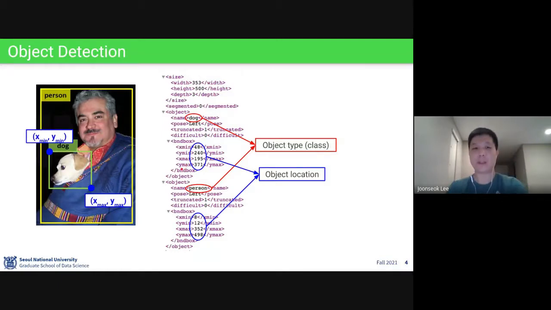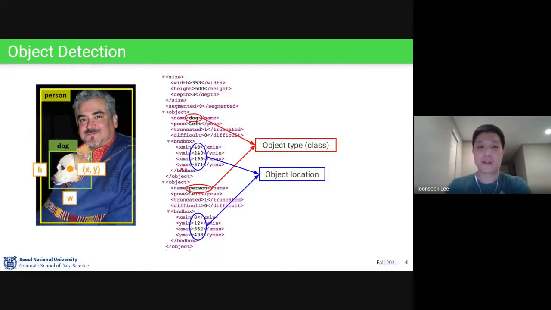Another way of doing that is providing one point, which can be a center point or one of the corner points, and the width and height. With these four numbers, we can also specify the bounding box. Some datasets provide x, y, w, and h, and some provide x min, y min, x max, y max. You can convert one from the other using some simple math, so either is fine.